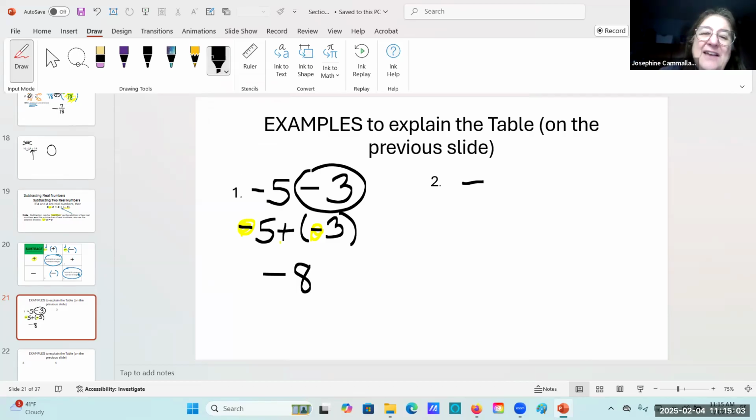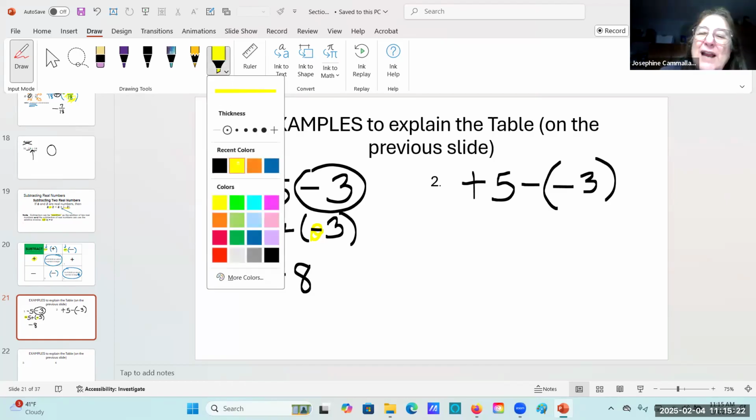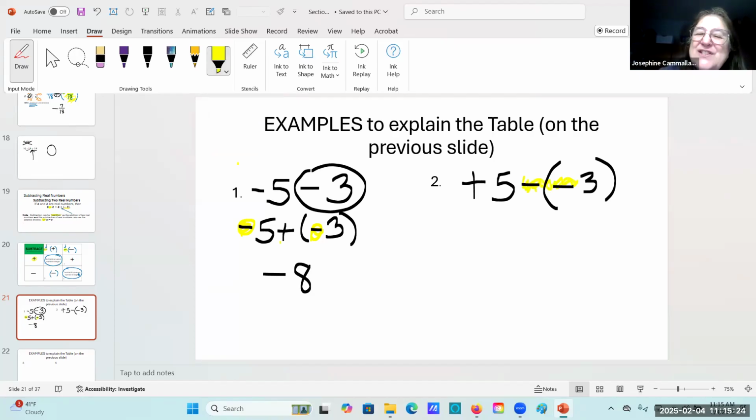Then I have a positive sign of 5, and I'm subtracting a -3. Well, remember, this is your additive inverse.